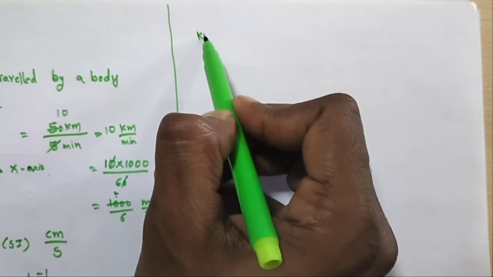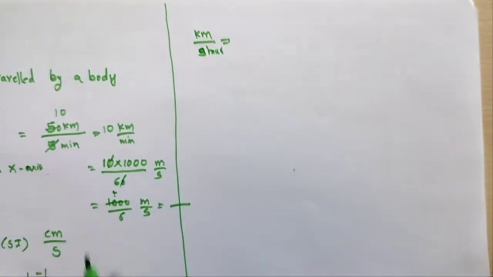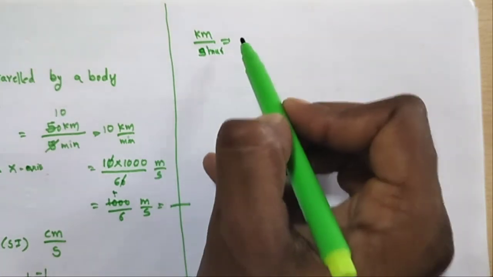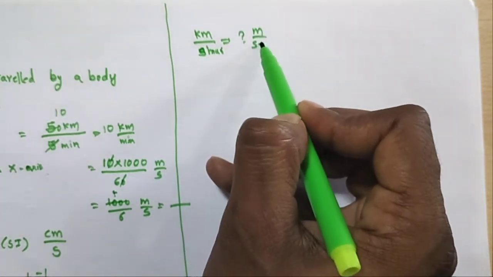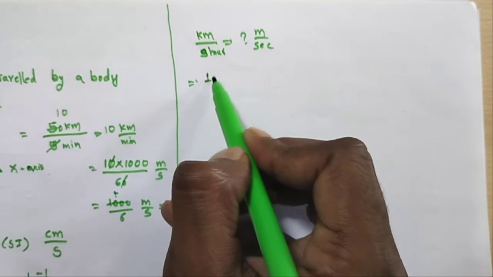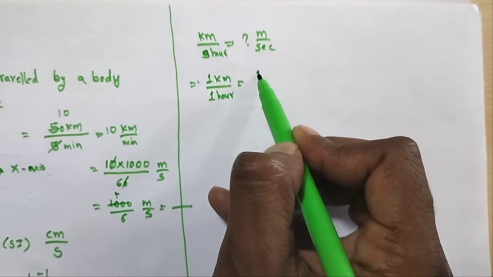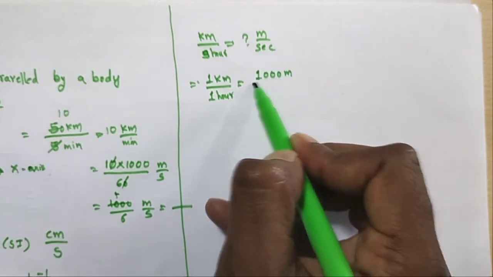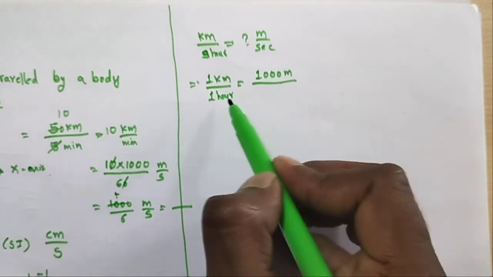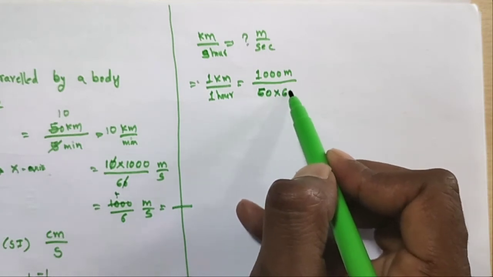Sometimes speed is measured in kilometer per hour also. And how to calculate this? 1 kilometer per hour, how many meters per second? For example, 1 kilometer per 1 hour means 1 kilometer is 1000 meters, by 1 hour is 60 minutes, and 1 minute is 60 seconds.